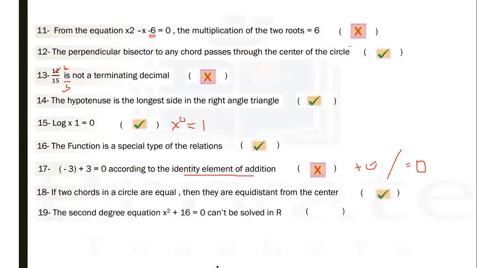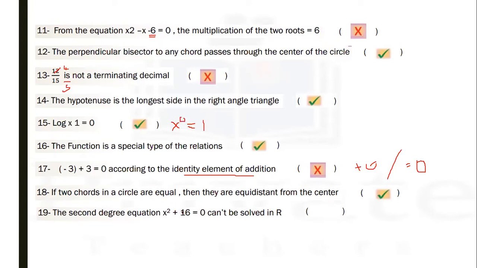The second degree equation x to the power of 2 plus 16 is equal to 0 cannot be solved in R. This is one of the special cases of the second degree equation. Here we have b equal to 0, where b means the coefficient of x. To find the answer, we try to factorize this side.